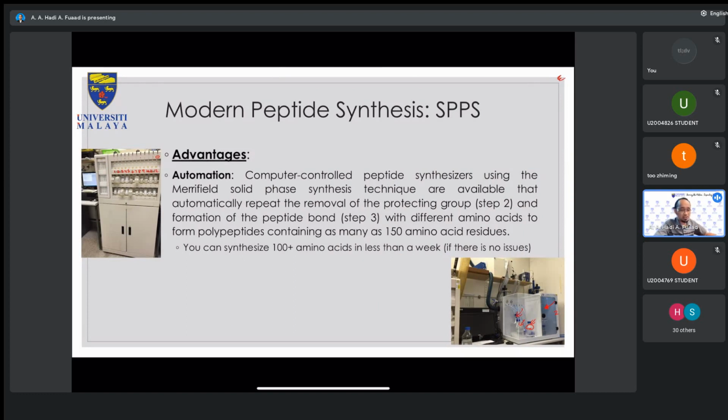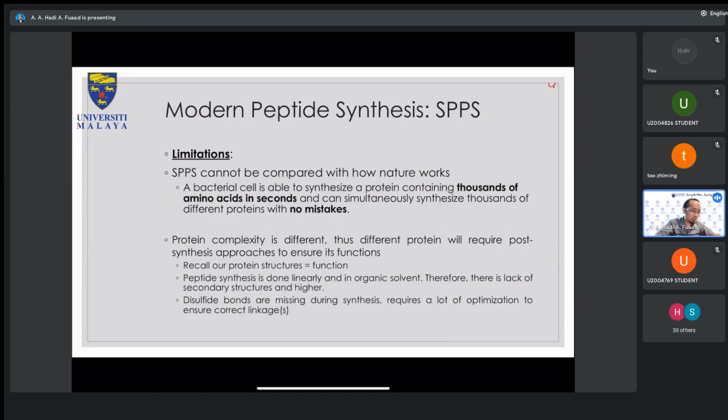Okay, however, there's still a limitation. SPPS cannot be compared to how nature works, because we have looked at the structure of ribosomes. We've talked about ribosomes in terms of protein synthesis. Ribosomes are very quick. They couple thousands of amino acids in 1 second.